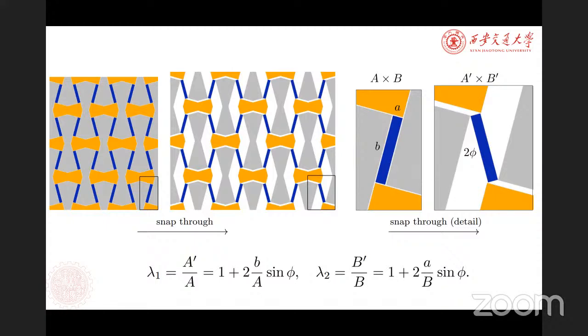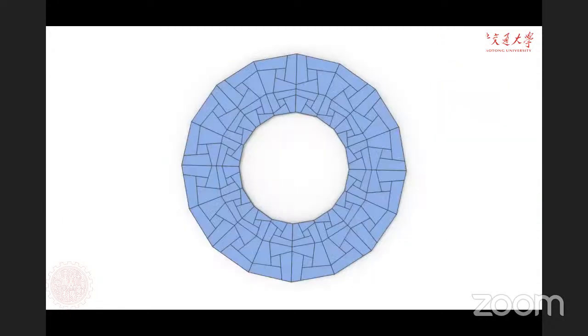In the initialization of bistable orthotics, we use the relation of those geometric properties, and I will not explain the details here. In our project, we extend the previous work on regular designs to general designs. Here are some 2D examples.